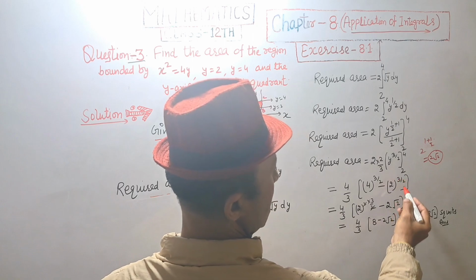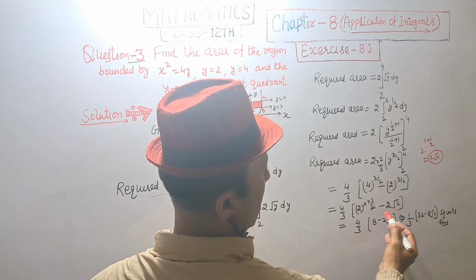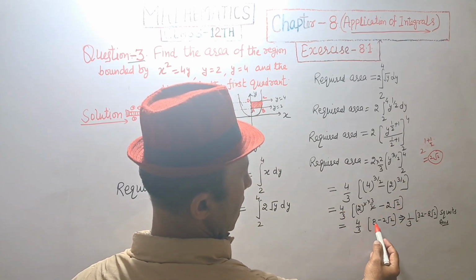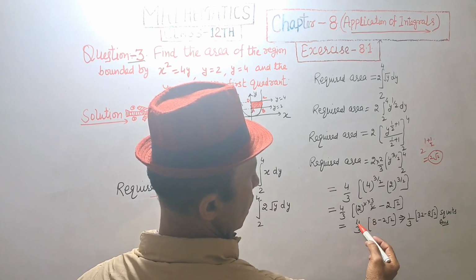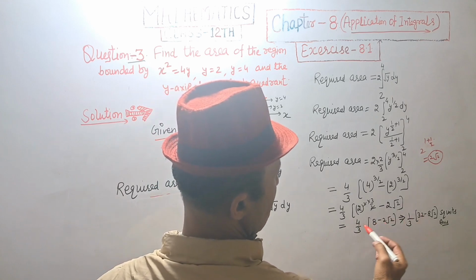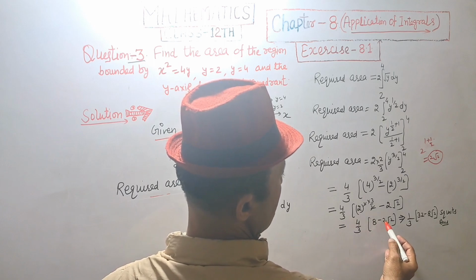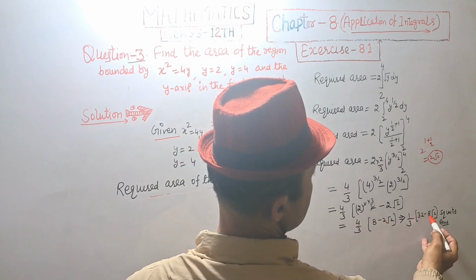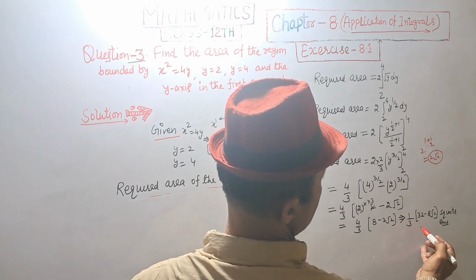So 2 raised to power 3 upon 2 we can write 2 root 2, and we are multiplying 4 into 8, 4 into 8 is 32, and 4 into 2 root 2 is 8 root 2, so 32 minus 8 root 2 upon 3.